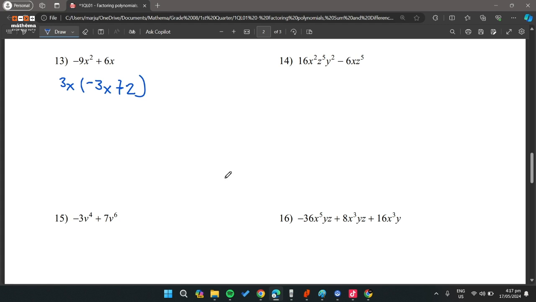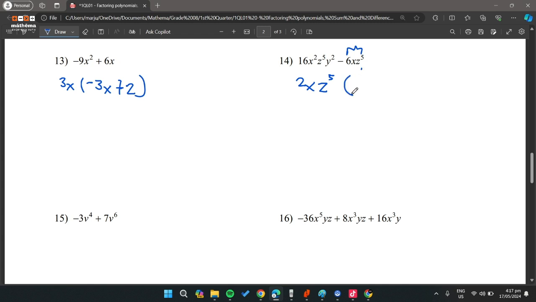Y is not common. Y is not common, right? There is no y here, no y here, no y there. Alright. So again, the common factor is 2x, that is right, z, but again, the exponent of z is 5. Alright, that is correct. Good.